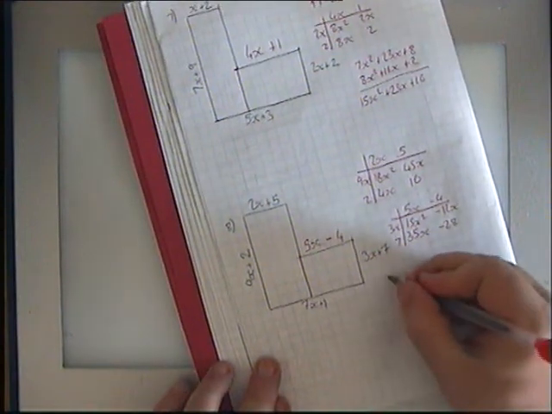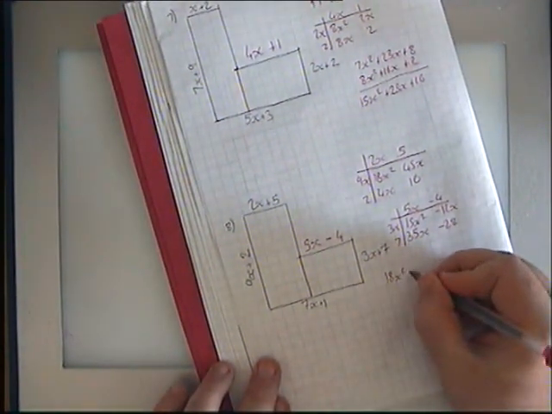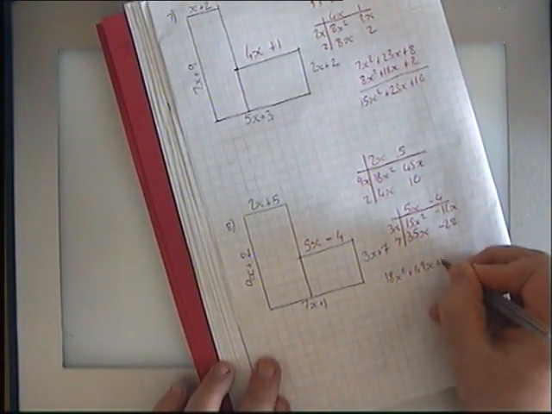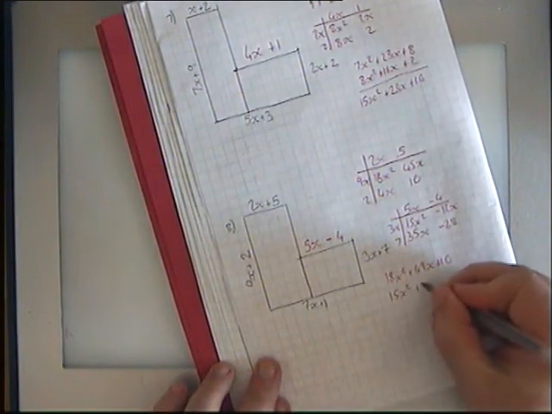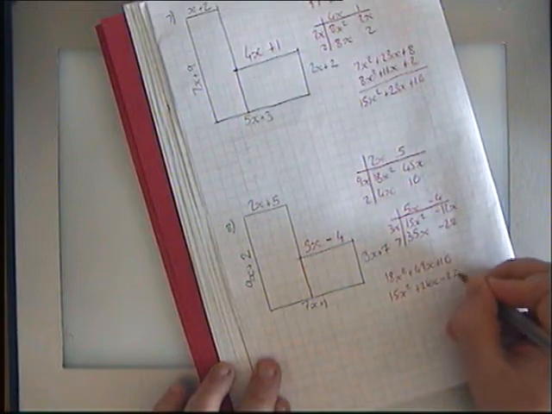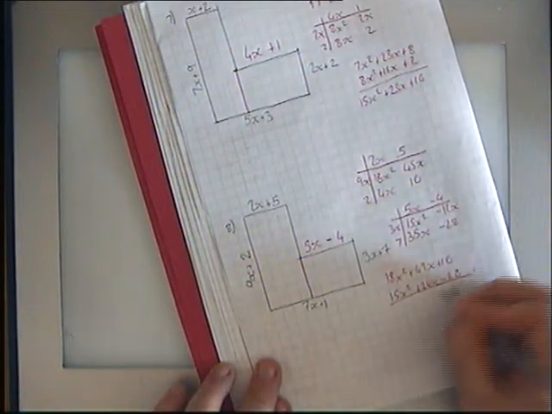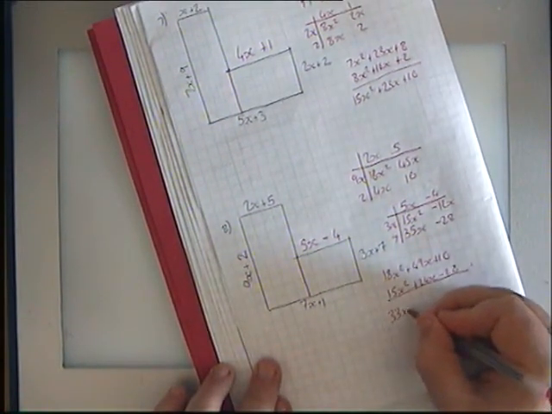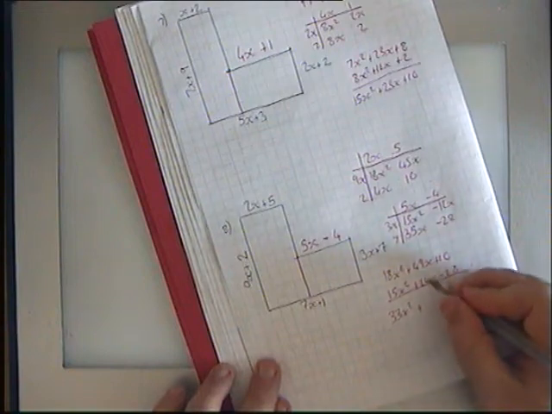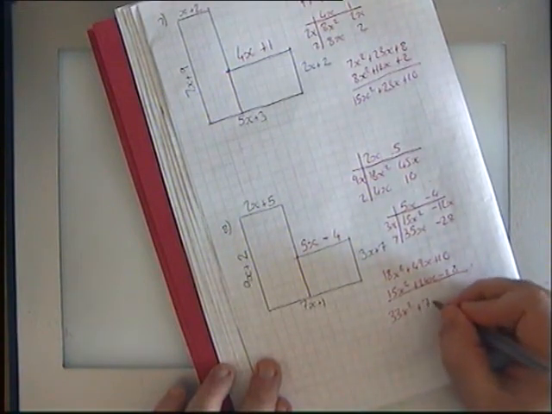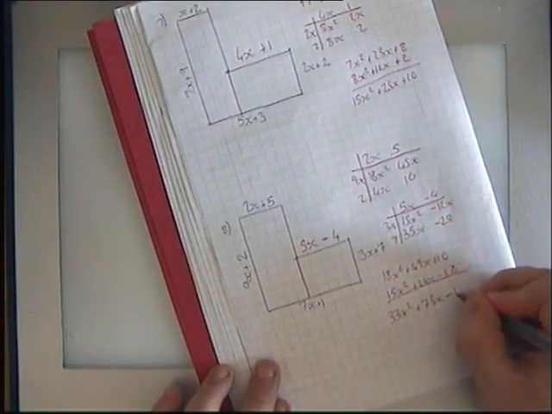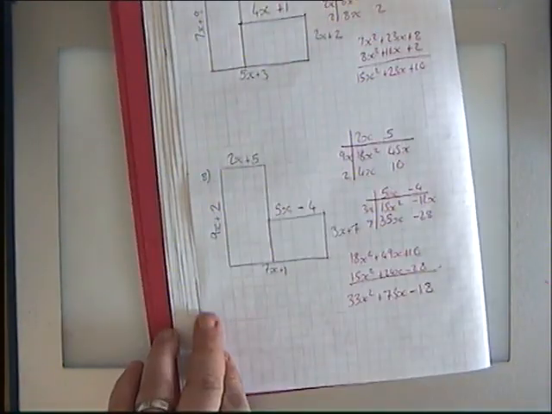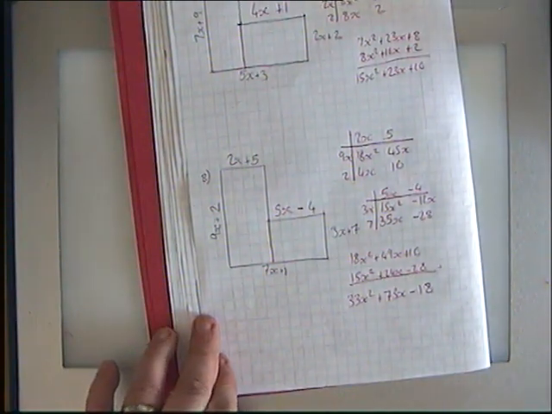So overall, 18x squared add 49x add 10, and 15x squared add 23x minus 28. If I put those together, you end up with 33x squared add 73x, and add 10 minus 28 goes down to minus 18. And that'll be the area of the last one. Okay, bye.